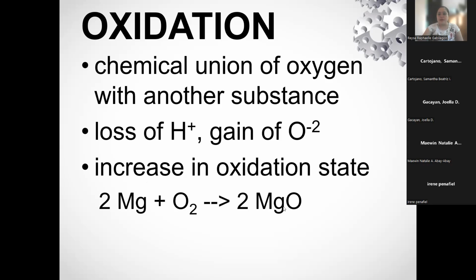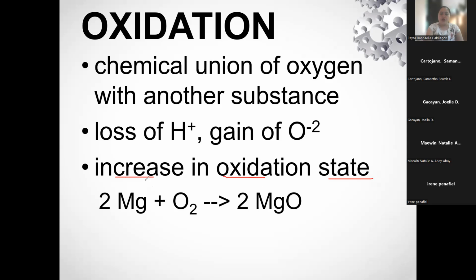If we look at the chemical equation, automatically we can say, oh, this is oxidation because there is a combination of oxygen to another element. But if we look at it deeper, actually there is the involvement of the increase in the oxidation state. So you are going to look at their charges. Okay?